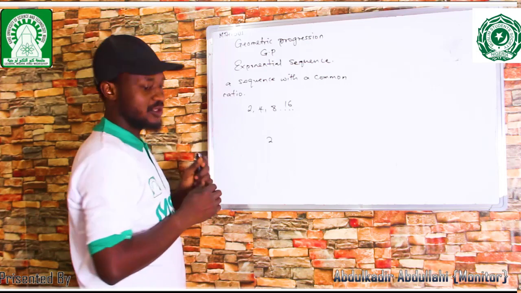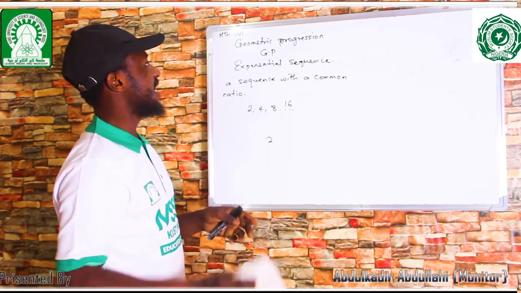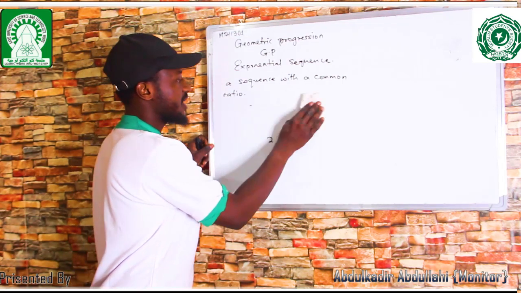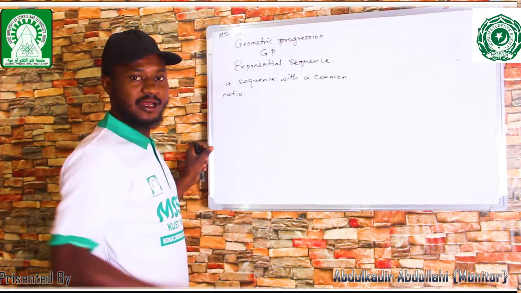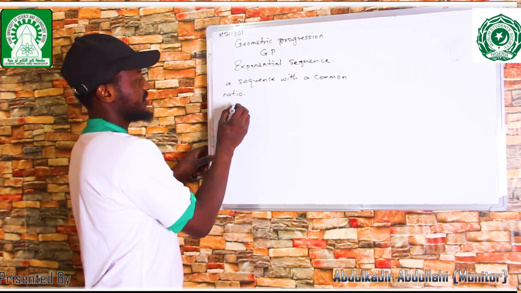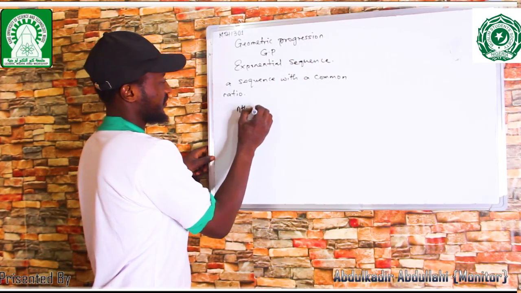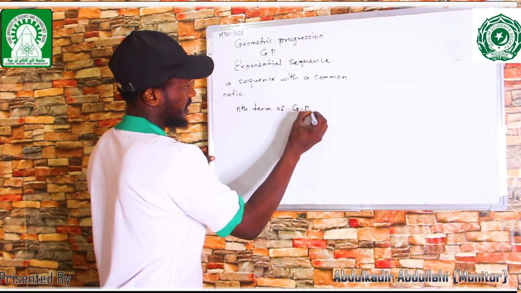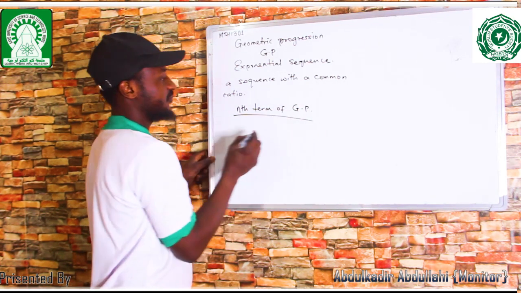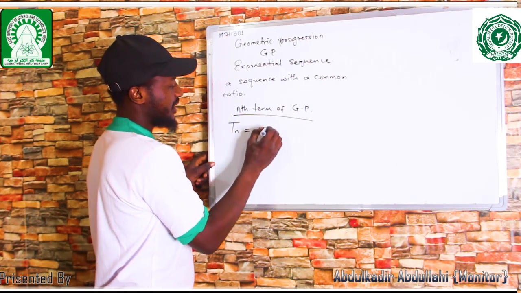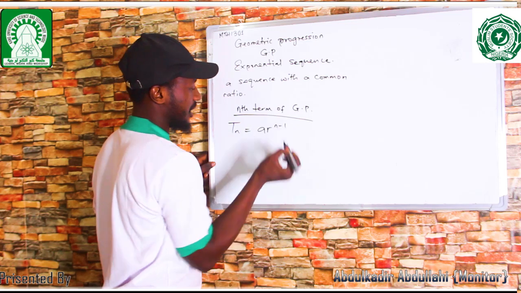And also in geometric progression, we have the terms formula, the sum formula, the geometric mean, and the sum to infinity. Now let's see the nth term of GP. The nth term of GP has a formula which says Tn is equal to A r^(n-1).